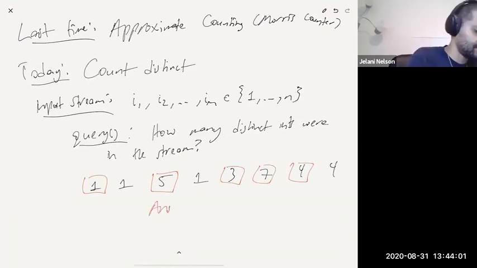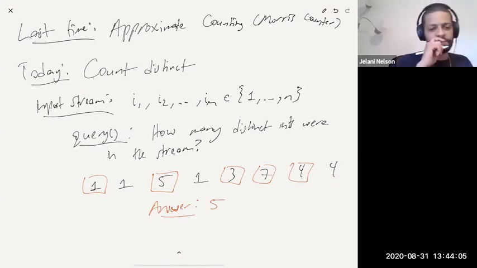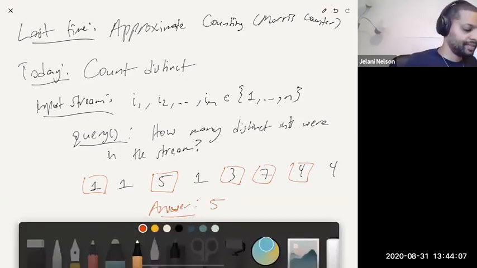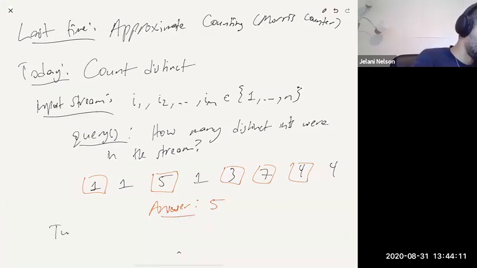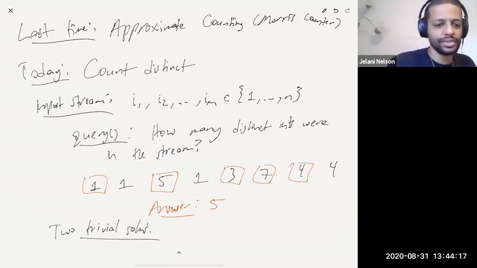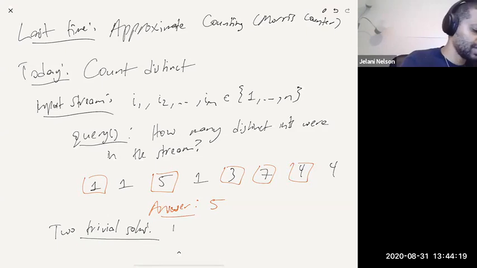Now there are two trivial solutions. Remember, our goal is to minimize memory consumption. The first trivial solution is to maintain a bit vector of length n.